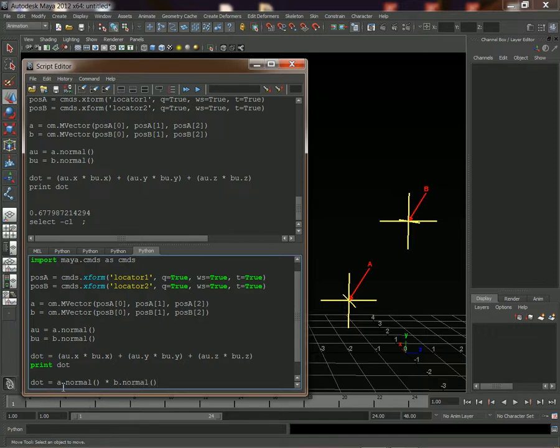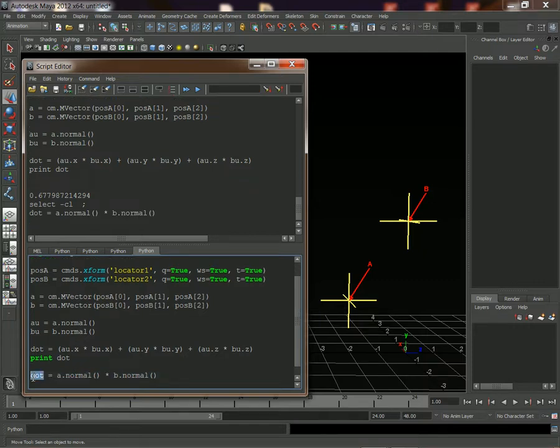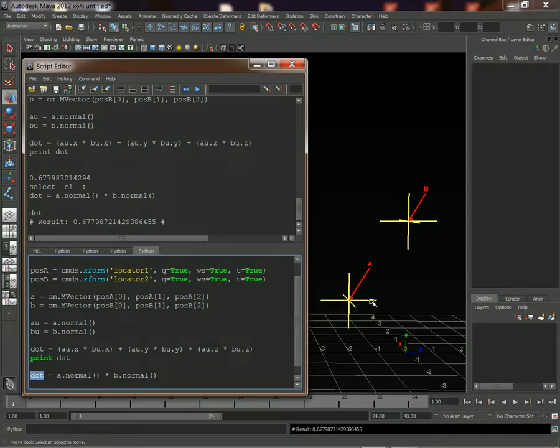The reason this works is first you have your A vector up here. Then we have A normal, which gives us a normalized vector, and B normal, which gives us our normalized vector. And when two MVectors are multiplied together, it is assumed that you're trying to get the dot product, so it just returns the dot product.